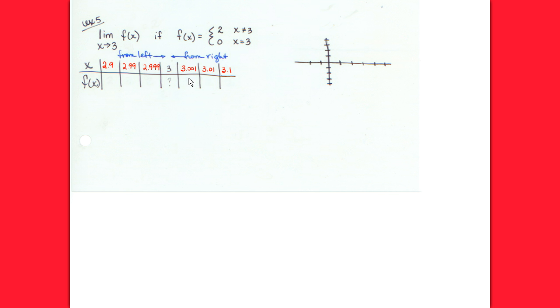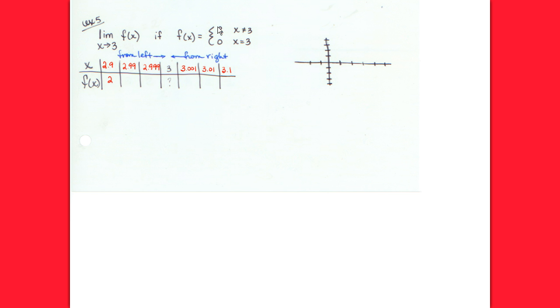So if I take 2.9 and I plug it into that function, am I going to plug it into the top piece or to the bottom piece? Into the top, right, because 2.9 doesn't equal 3, and it says if your x value doesn't equal 3, then use this piece of the function. So when I plug in 2.9, I get an answer of 2.